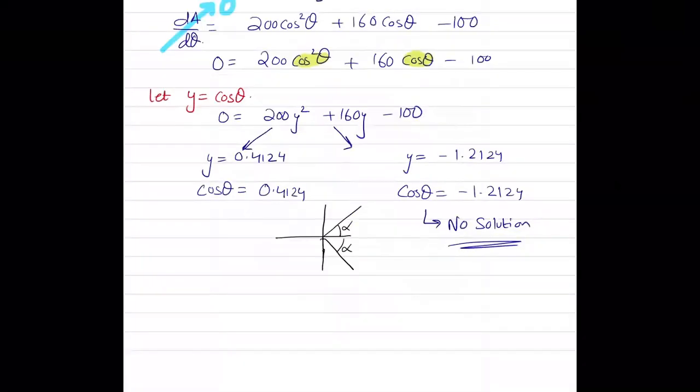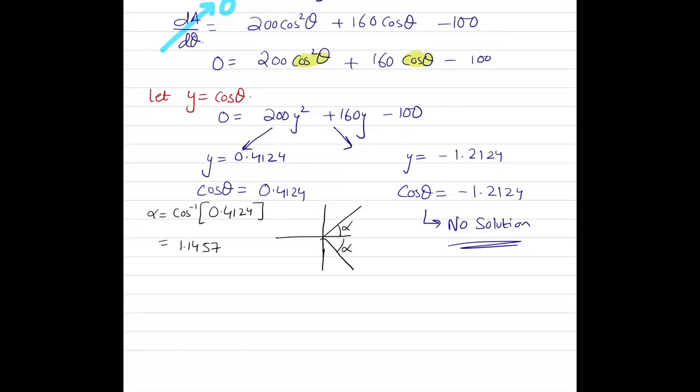If I want to solve this, I will have to first find the basic angle. To find the basic angle, I'm going to take cos inverse of 0.4124. Using your calculator, please give me the answer for this. Cos inverse of 0.4124. 1.1457.